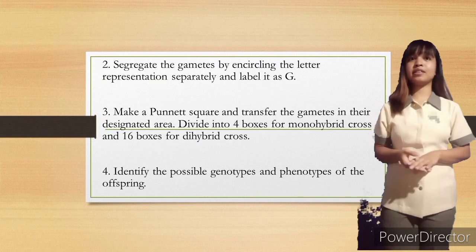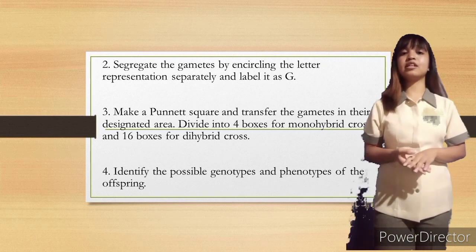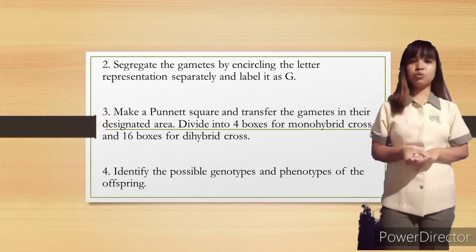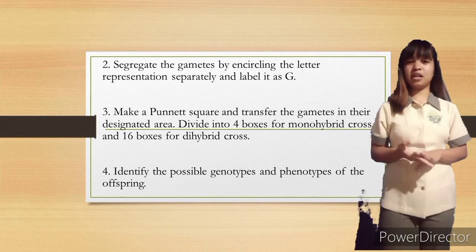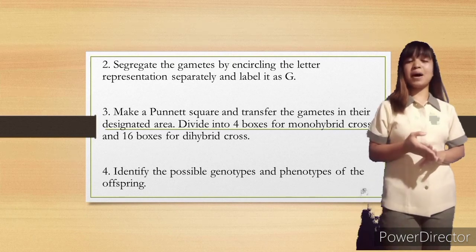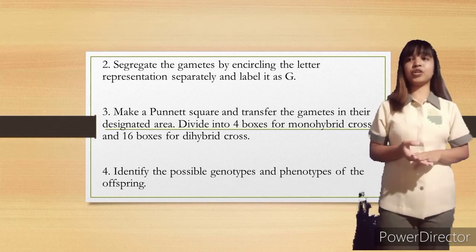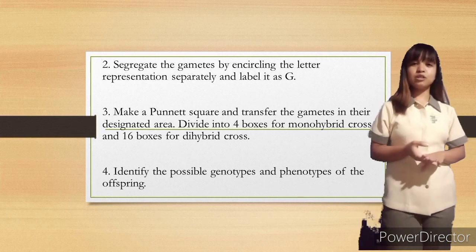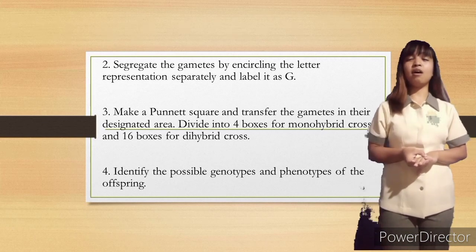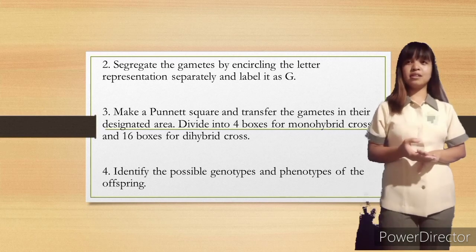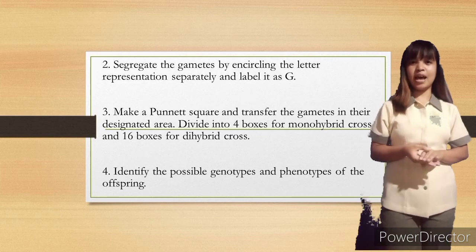Second, we have to segregate the gametes by encircling them and label them as G. The third is we have to create a Punnett square and transfer the gametes into their designated areas. We divide the boxes into 4 for a monohybrid cross and 16 boxes for a dihybrid cross. And the last one, we can identify the possible genotypes and phenotypes of the offspring. We're going to expand these 4 steps of creating the Punnett square with these given examples.